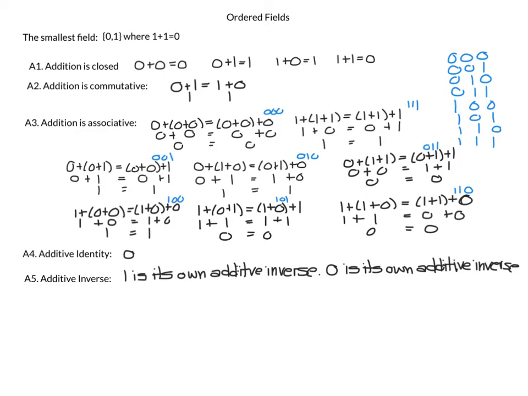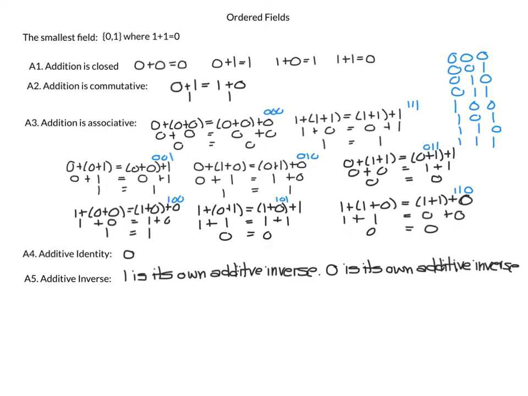I'll walk you through 2 of them for how I got this as being associative. This one's kind of easy: 1 plus 1 plus 1 is equal to 1 plus 1 plus 1. When I do the 1 plus 1 first, I get 0, and I add it to 1, and I get 1. Here I get the 1 plus 1 here, I get 0, I add it to the 1, and I get 1.